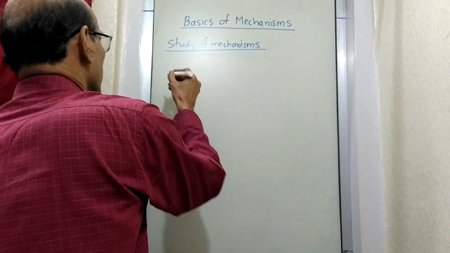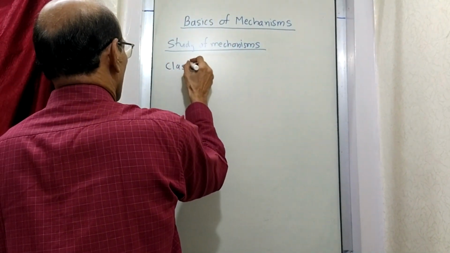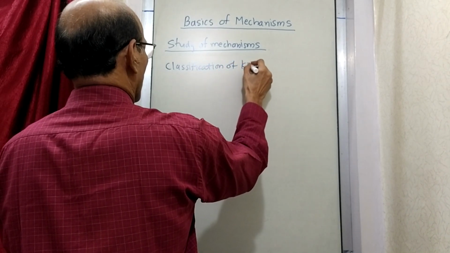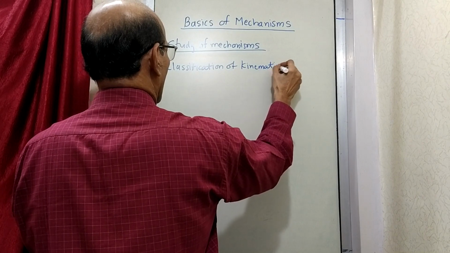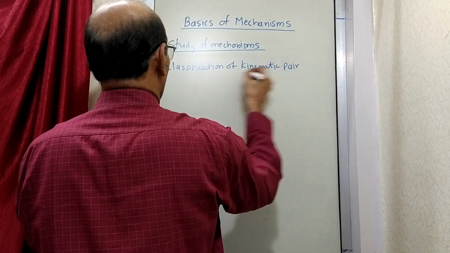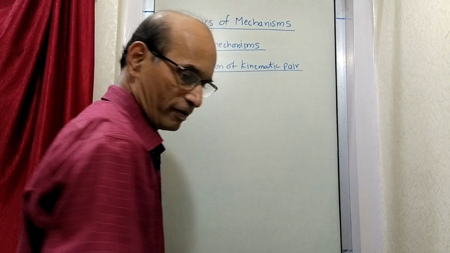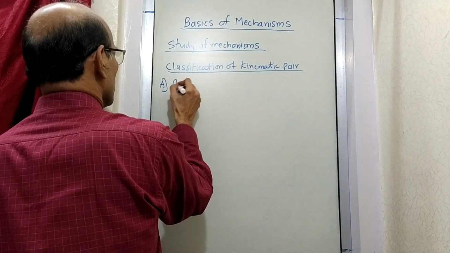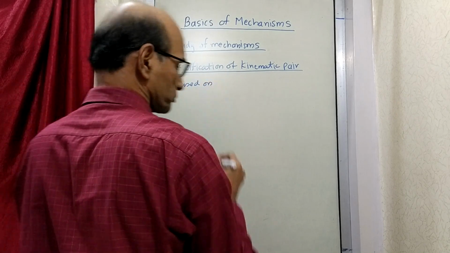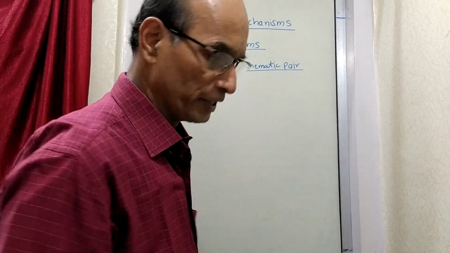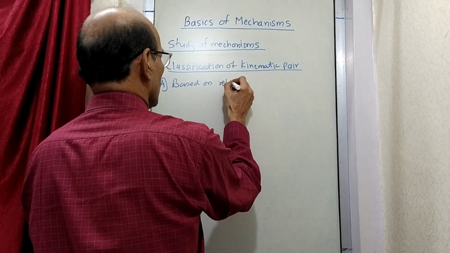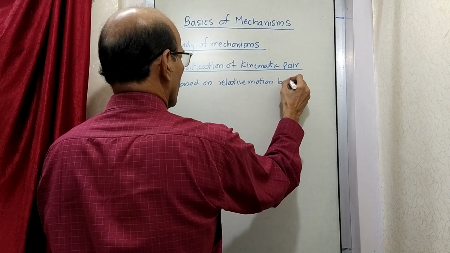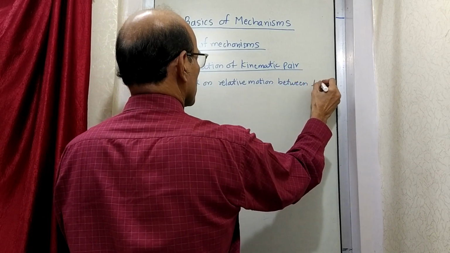So write down classification of kinematic pair, and under that write down based on relative motion between links.